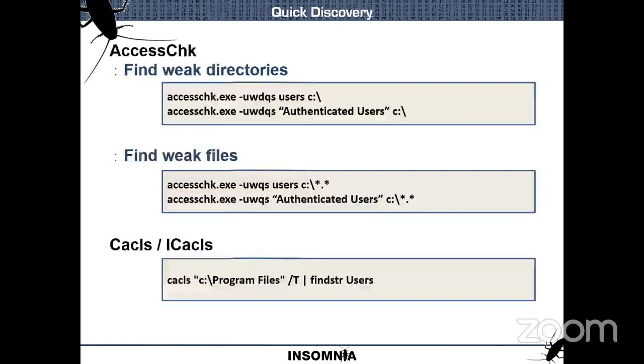AccessChk is a tool by Sysinternals, and can be used to quickly scan a system for permissions assigned to different users and user groups. That's really helpful as far as privilege escalation goes.